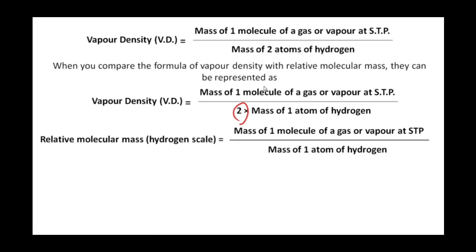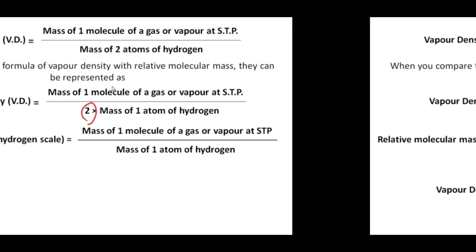In the vapor density equation, when you remove the 2, what will be the remaining term? Yes, mass of one molecule of a gas or vapor at STP divided by mass of one atom of hydrogen. And that is equal to the relative molecular mass.